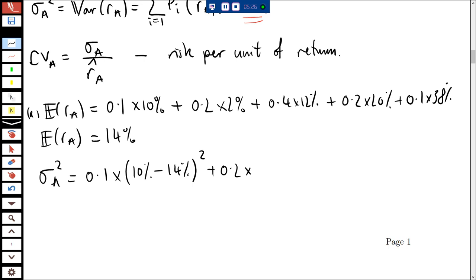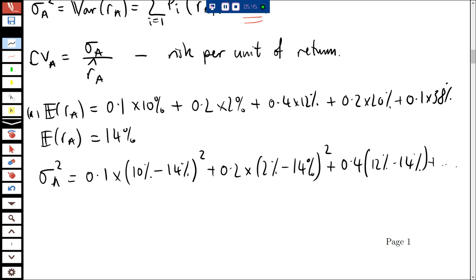We're squaring all the deviations, times them by the probabilities, and taking the sum. Again, we should have 5 terms. I've done the first 3 there, just keep tagging on the other terms. Pop that into the calculator. I'll do it all in one go.